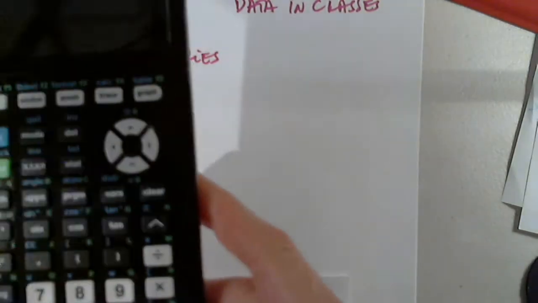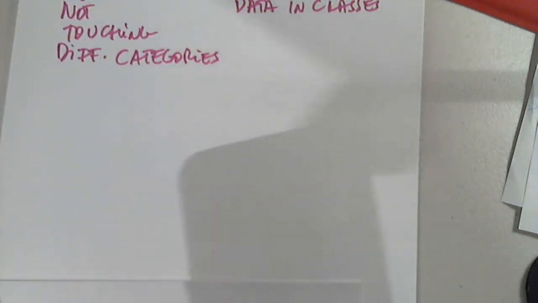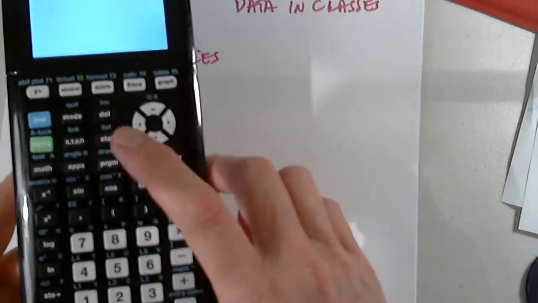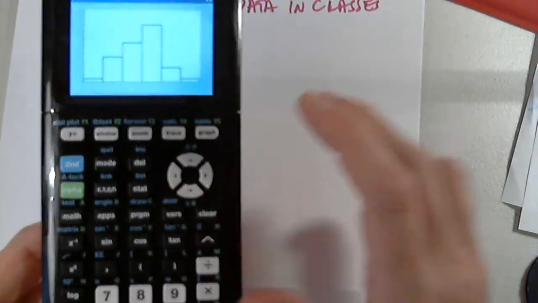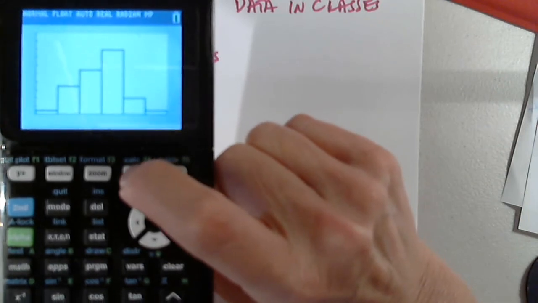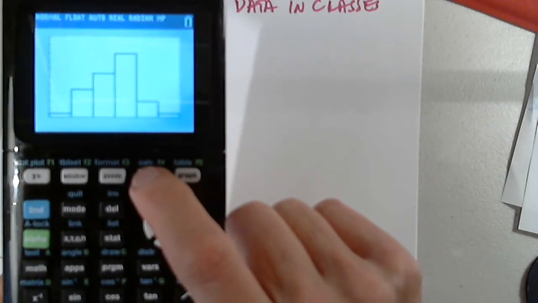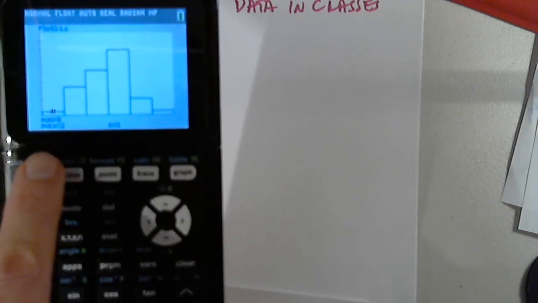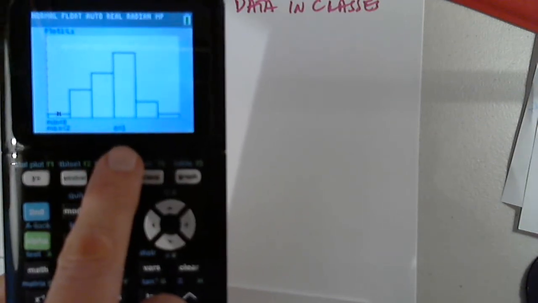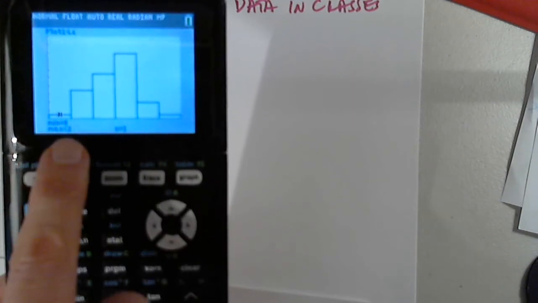One other thing with the graphing calculator, I'm going to stop sharing. I want to show you one more thing with the graphing calculator. If you'd like to go back to the plot and use what is called trace for a second, look what happens. Trace tells me that I have only one entry between 0 and 2.